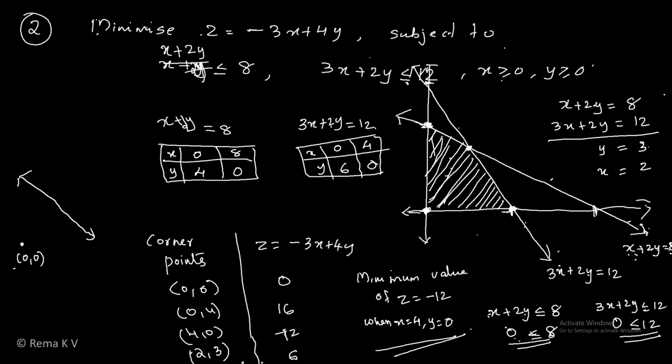Is it clear? Okay, see, listen now. Sometimes we are getting the shaded region here that means it is unbounded.